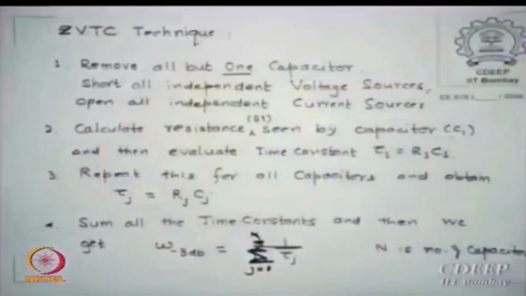Basically I figured out that if you see poles, they are time constants, so individually why not I calculate. And then how do I calculate is the technique which is shown here. For each time constant, take whichever capacitor you are looking into, for which time constant you want, leave that capacitor, but all other capacitors should be open circuited, or impedance should be open.